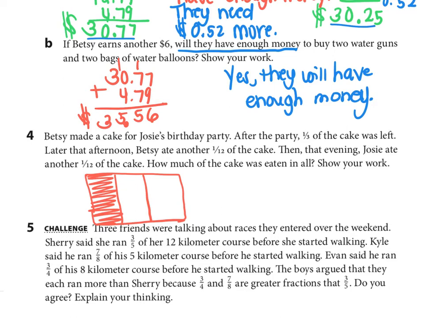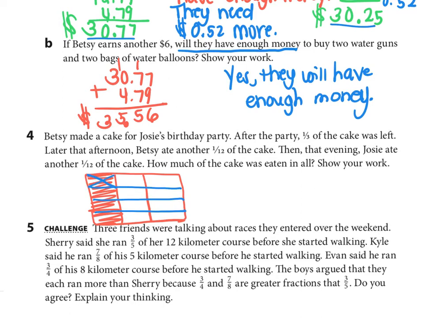So 1/12, we want to split the thirds into 12ths. And so we need to basically split each third into 4ths. Because now here I can see that I have 12 total pieces. So it says Betsy ate 1/12 of the cake. So we will X out the part she ate.